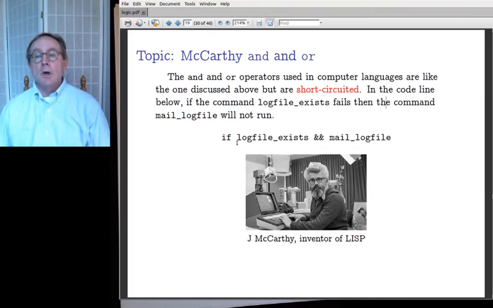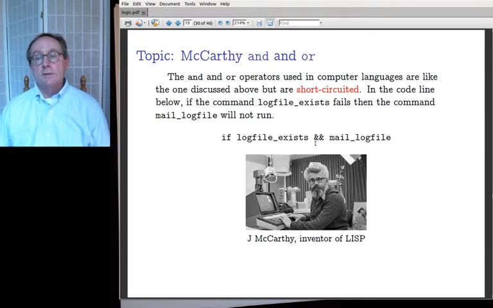Here's an example. I've written a command that's supposed to be for a bash script. If the log file exists, and you'll remember that double ampersand is often the way to write logical and, if log file exists and mail log file. So I'm going to check whether the log file exists, and if it does, I'm going to mail it.